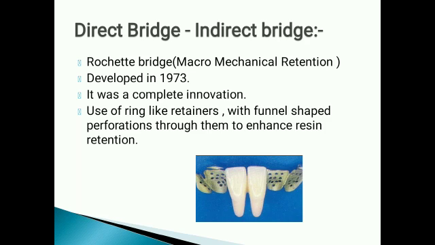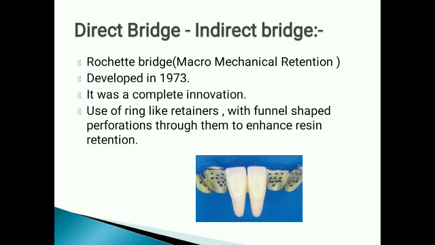It had a wing-like retainer with funnel shaped perforations with the base towards the tooth surface. He also used silane coupling agents for additional retention. This was one of the most widely accepted designs.